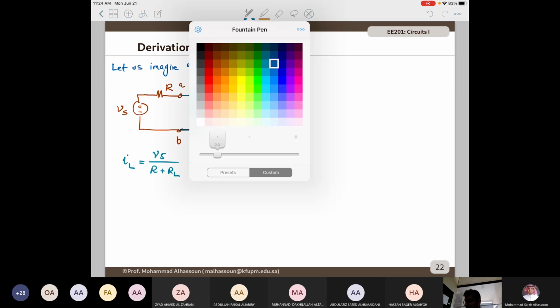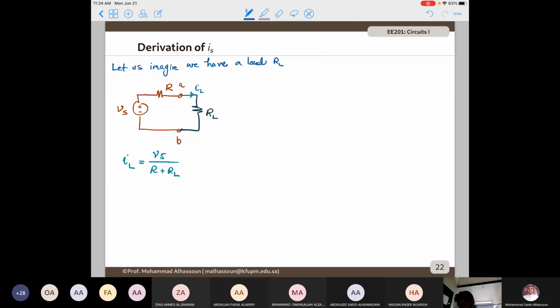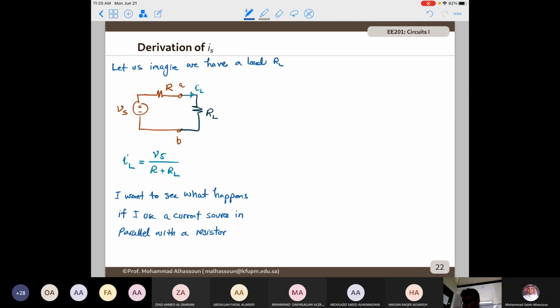Now I want to see what happens if I use a current source in parallel with the resistor. So I have the following scenario here.